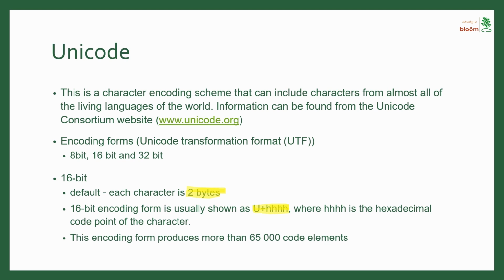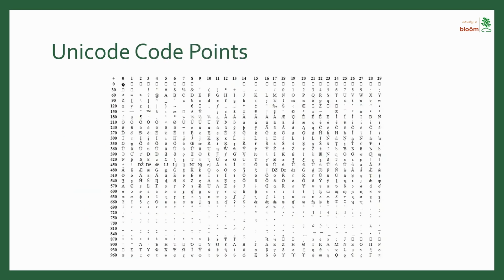Another advantage of Unicode is that it uses the same encoding as ASCII in the first 128 characters. Therefore, UTF-8 is similar to ASCII format. Now you can see a sample of Unicode code points. This is UTF-16 format.